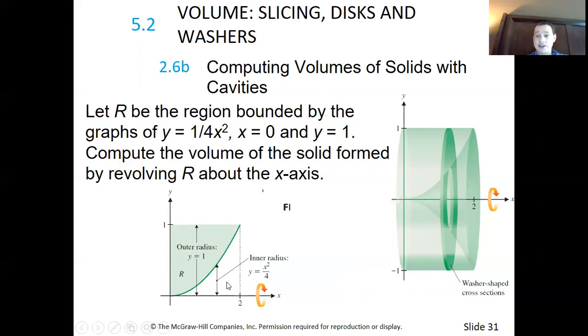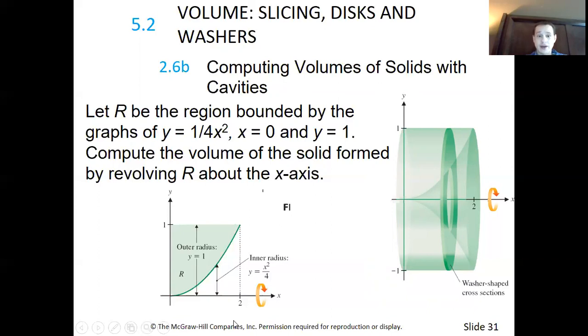Well, it's an easy fix, actually. If you can spin the whole thing around, including that gap, well, how are you going to account for that gap? You're going to subtract the volume of just the gap spun around. So if you just took this white part and spun around, you get another volume. So that's what washers are.